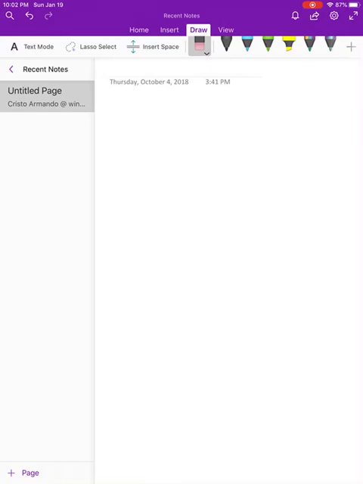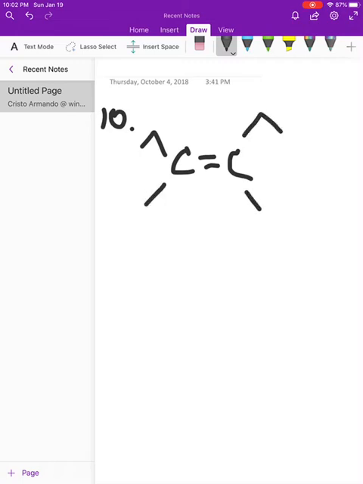Okay. So the 10th problem is a little bit more complex looking, but it's just the same mechanism that we've been doing in the past. Right?